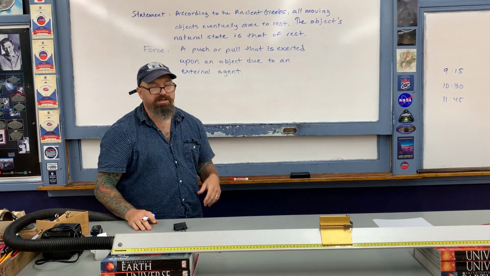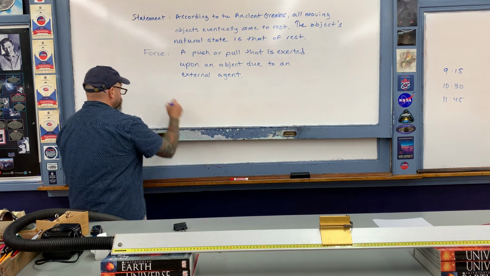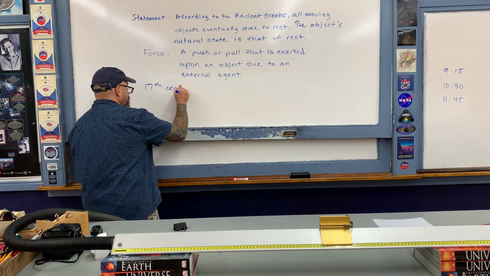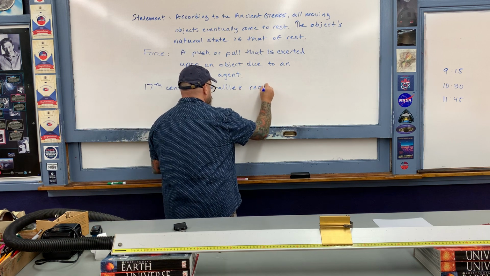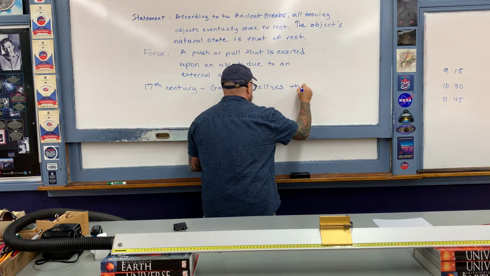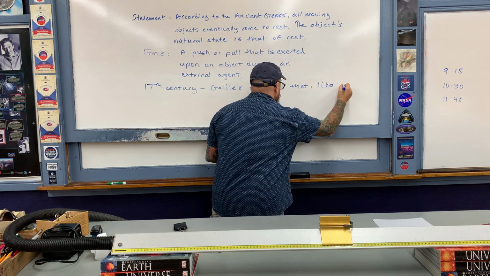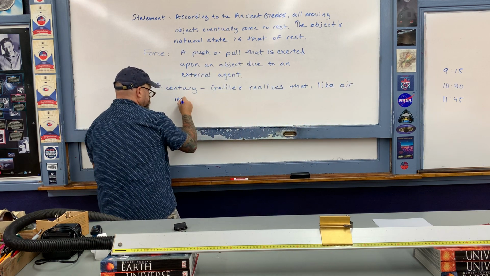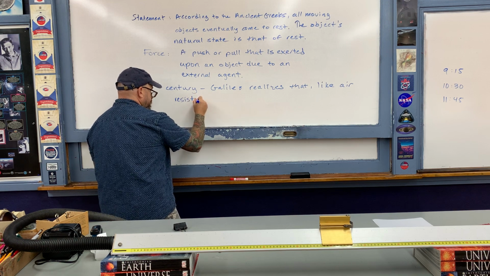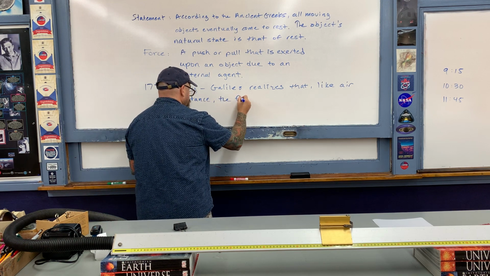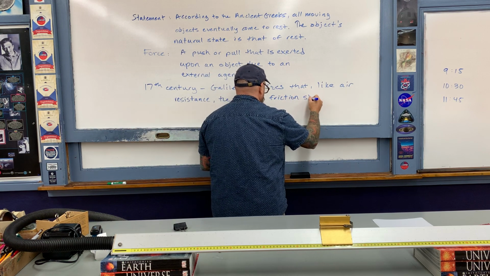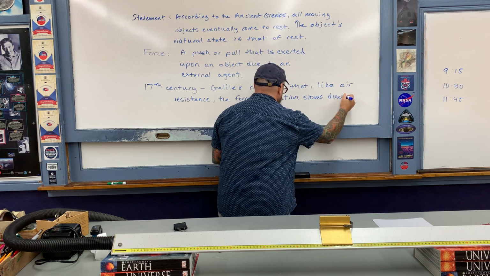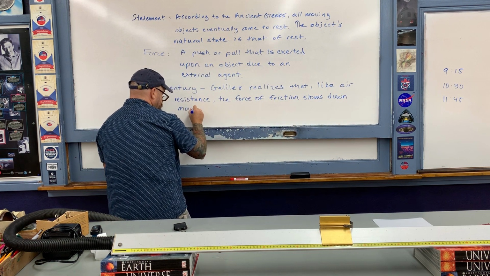Very simply, Galileo realizes that like the force of air resistance, the force of friction slows down moving objects. So we jump immediately to the 17th century. Galileo realizes that like air resistance, the force of friction slows down moving objects.